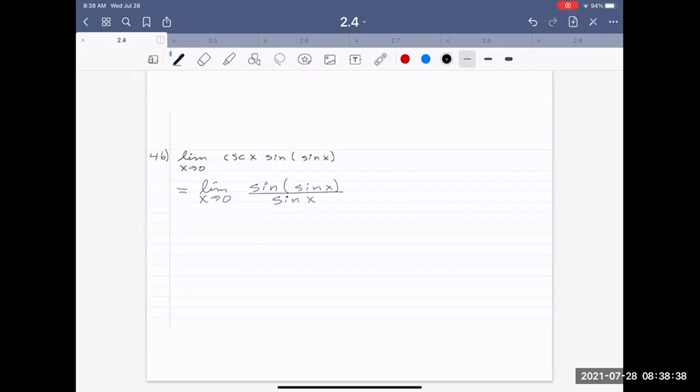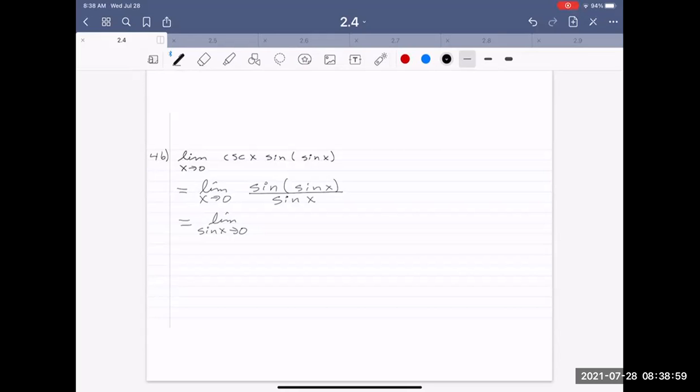But now, just like before, as x approaches 0, sine of x approaches 0. And so letting sine of x go to 0 is the same as letting x go to 0.